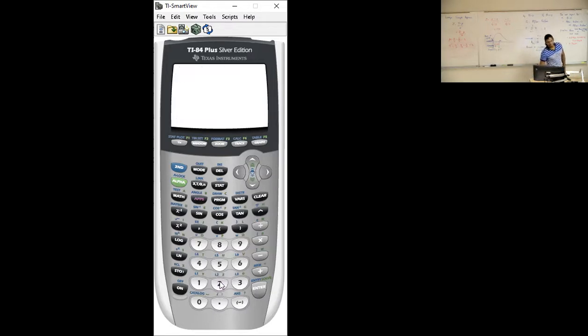So negative E99, the value of the test statistic, negative 0.816. The mean is always 0, standard deviation always 1.